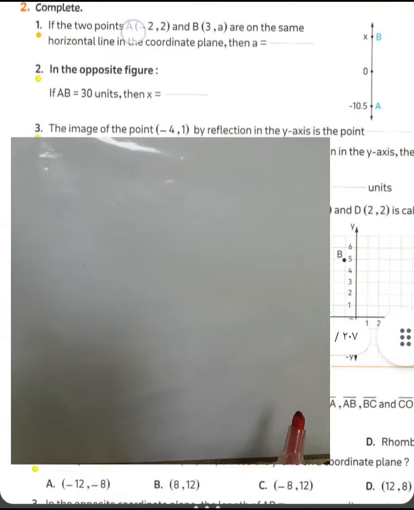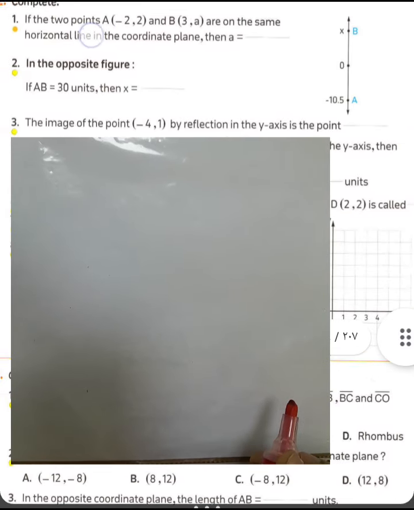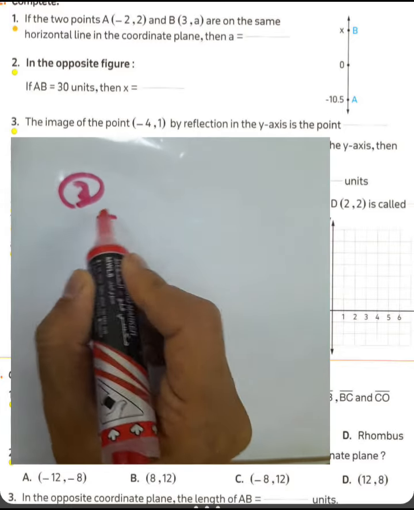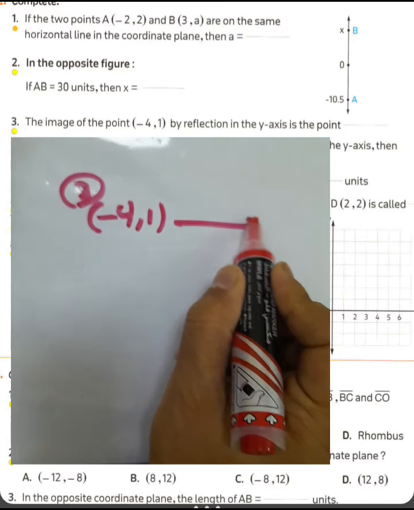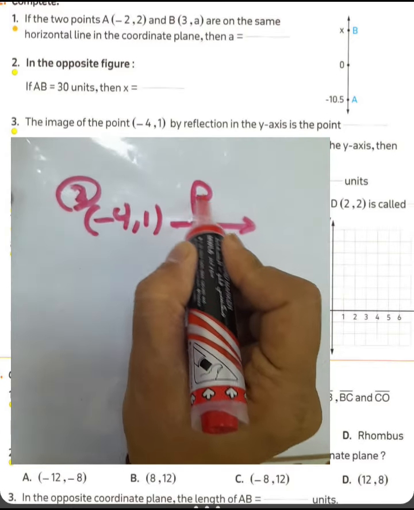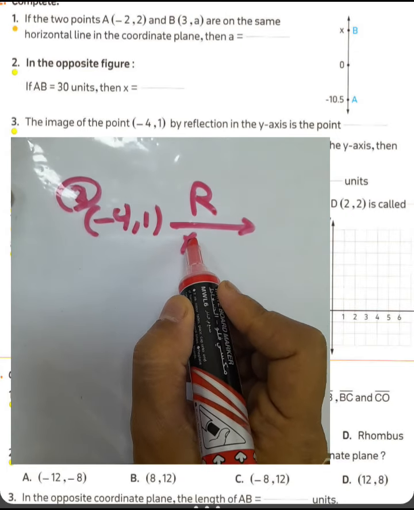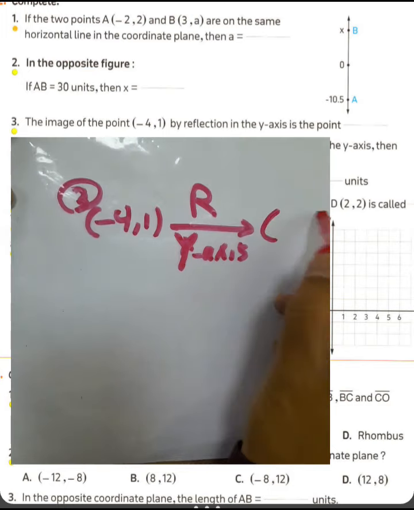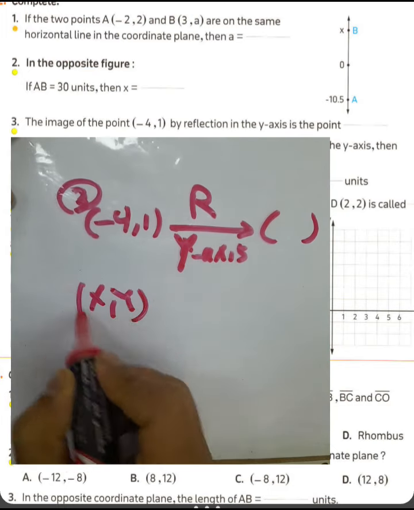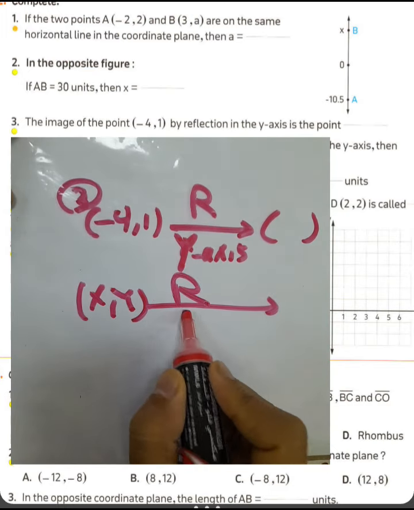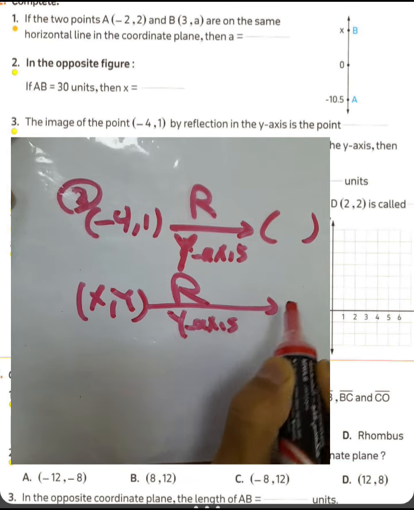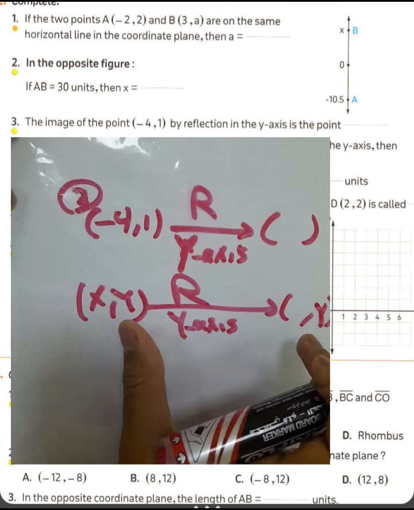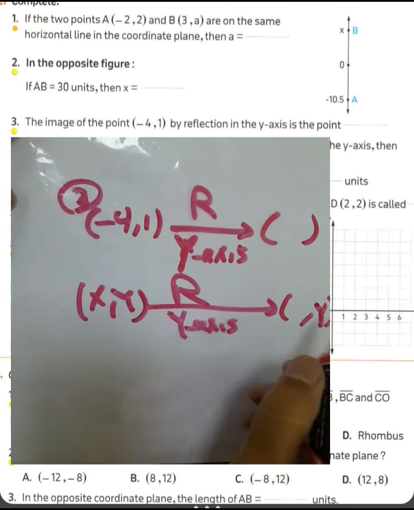Next question, number 3. The image of the point (negative 4, 1) by reflection in the y-axis. We have the rule for x and y. To find the reflection about the y-axis, you must keep y exactly the same and change the sign of x.